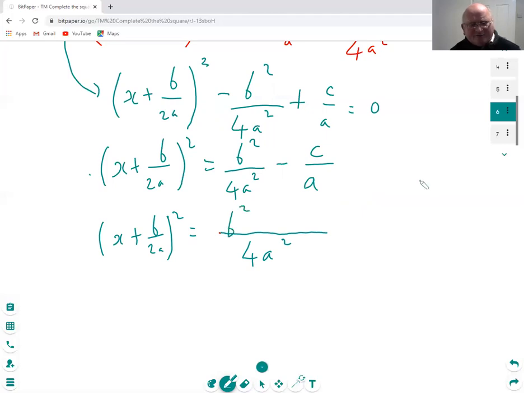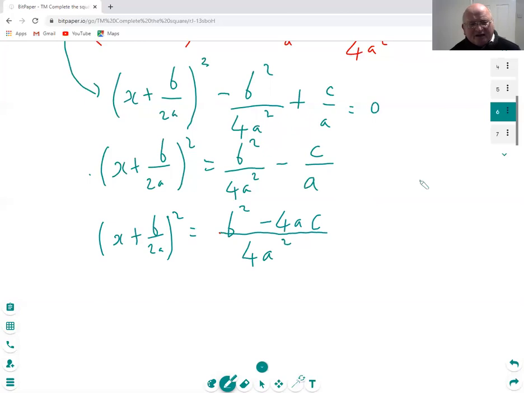The b squared bit we haven't changed, that's still b squared over 4a squared. But to make this next bit over 4a squared, we've got to multiply it by 4a. If you cancel the 4a out now, you end up with the c over a again. I've just done with algebra what you're probably quite used to doing with fractions when you're adding and subtracting them.